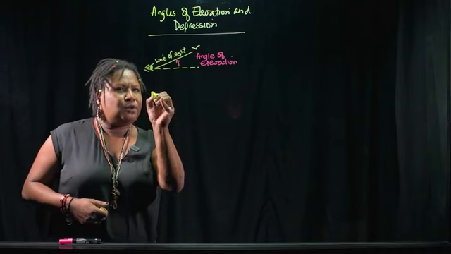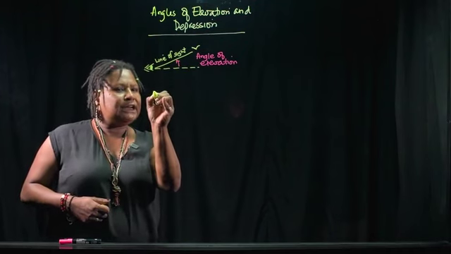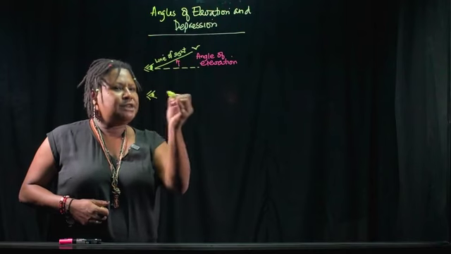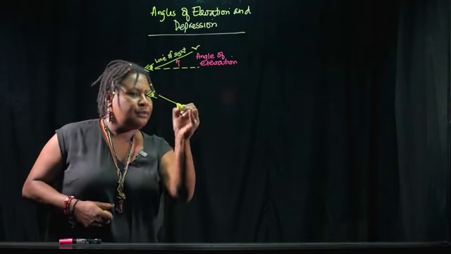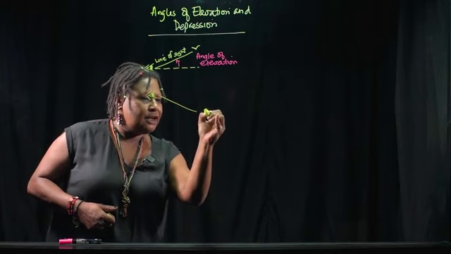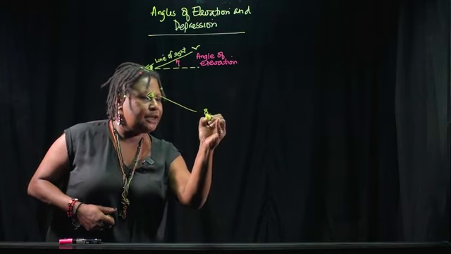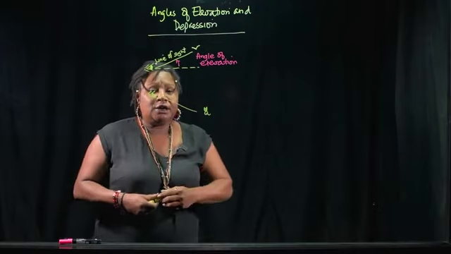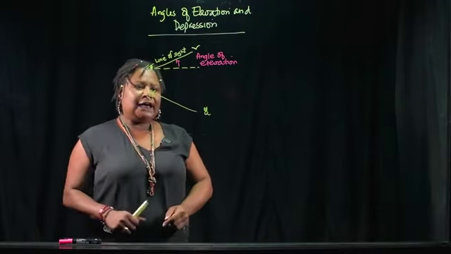Now, if you are looking down in a downward direction, this also forms an angle with the horizontal. Let's say this is a cat. This is what we did in primary school. We are looking at a cat.